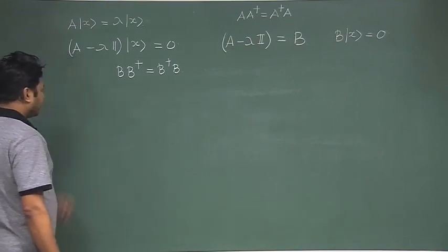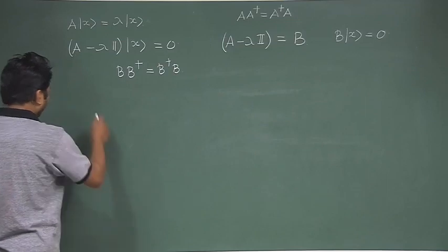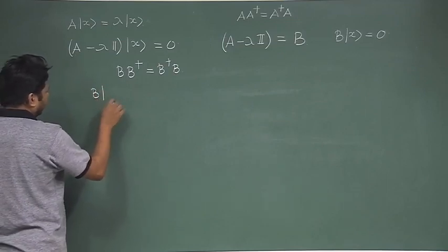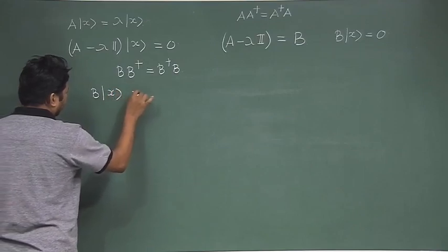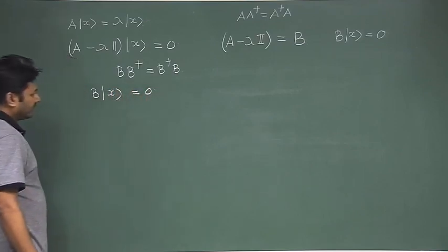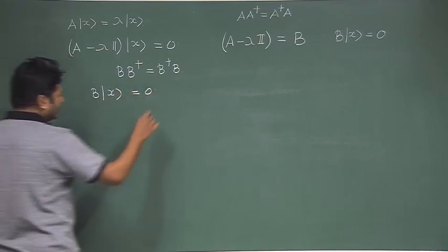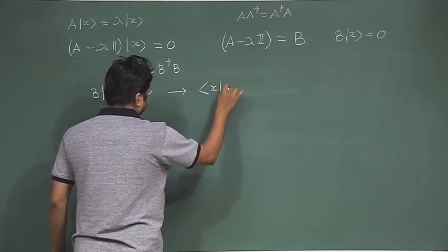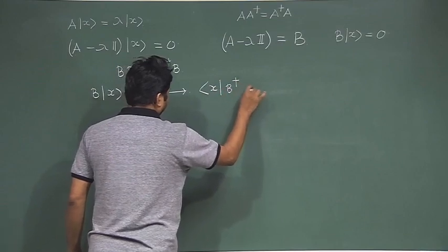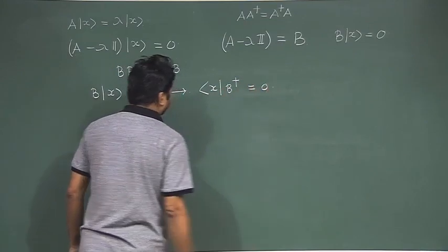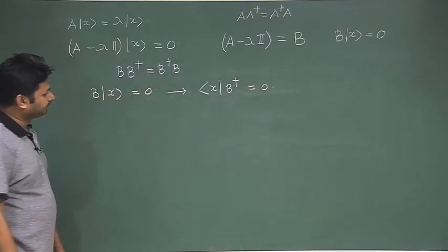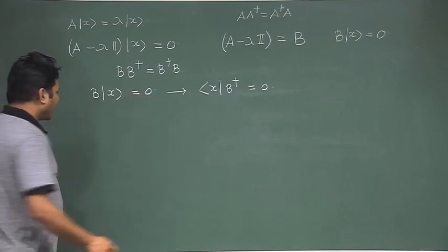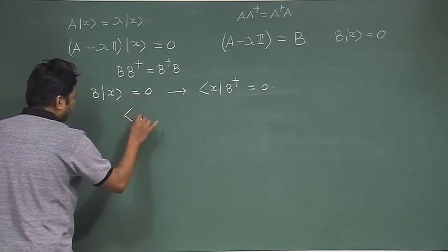So, next, what I will do: B x I know is 0. If I take the conjugate transpose of that, then it will be x dagger B dagger, which is equal to 0. Now, with these two equations, I can also write one more equation.